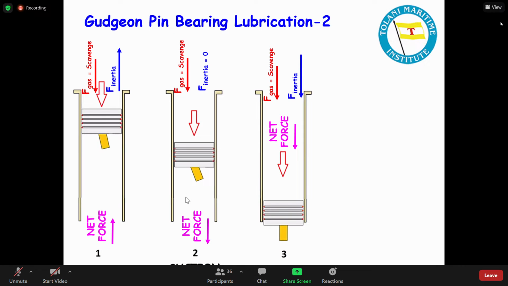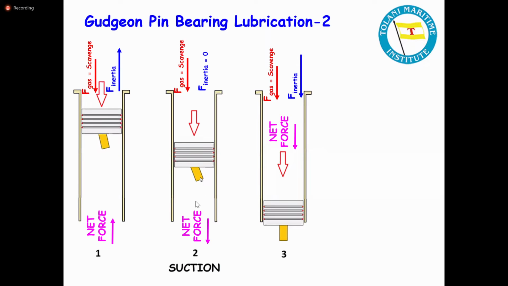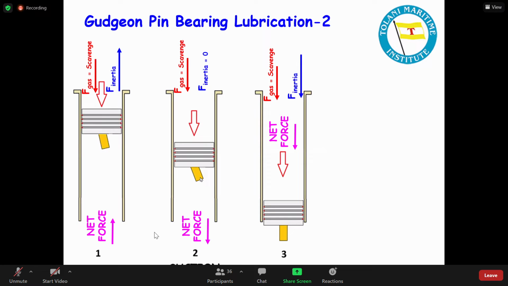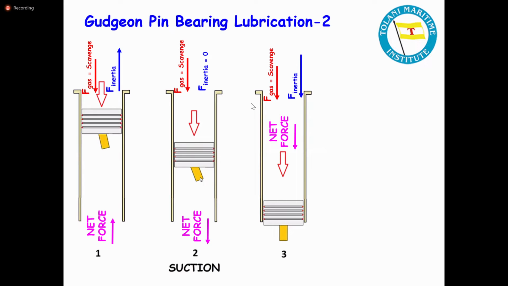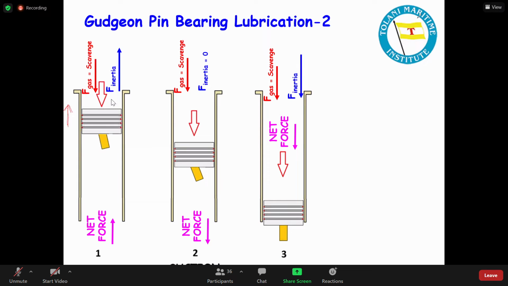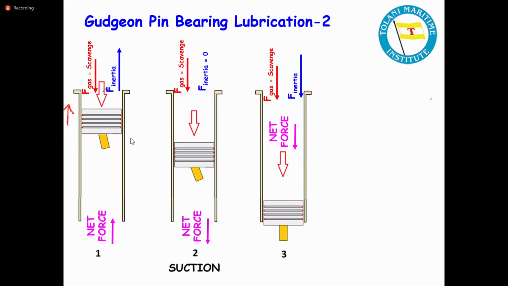Doing each part of this, each stroke. When the piston is reaching near the TDC at the beginning of the suction stroke, you will have a condition where the piston is decelerating.